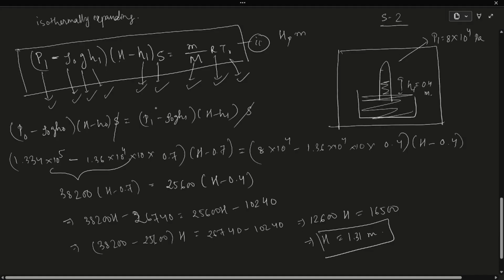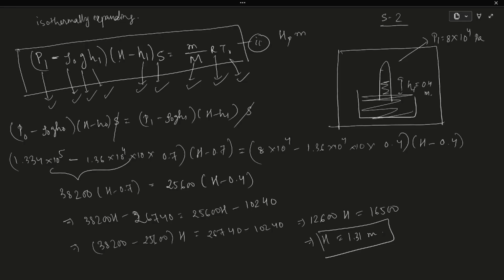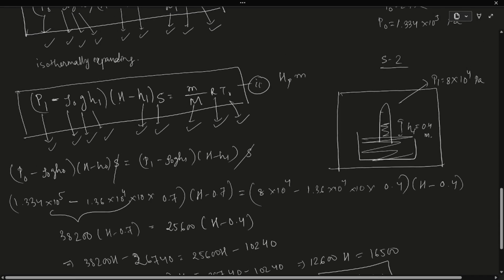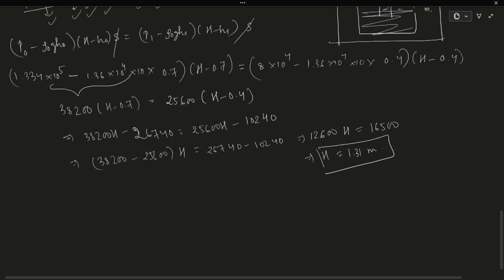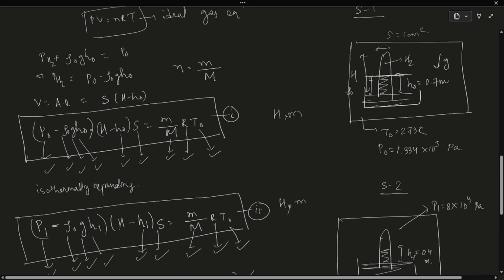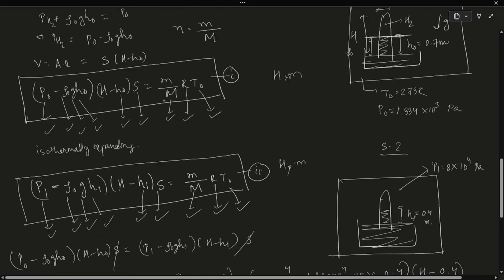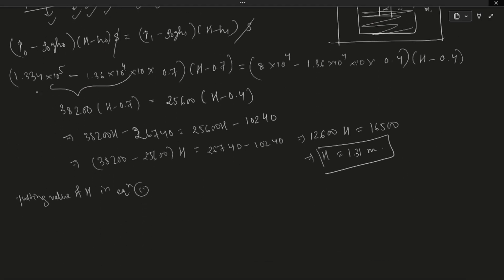If we put it in any of the equations, we can find the mass. So let's put the value of H in equation 1. This part we have calculated here.